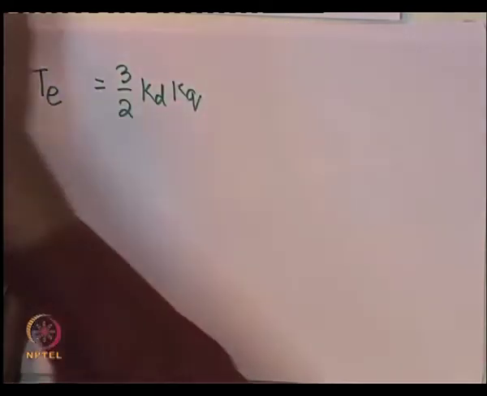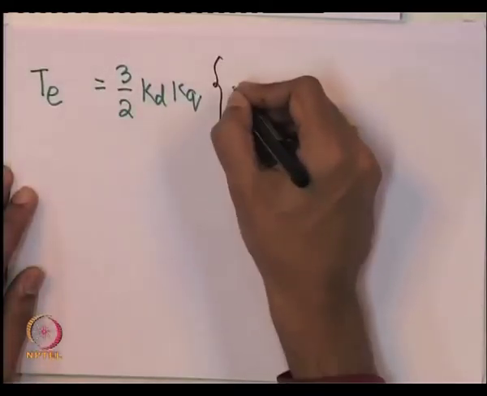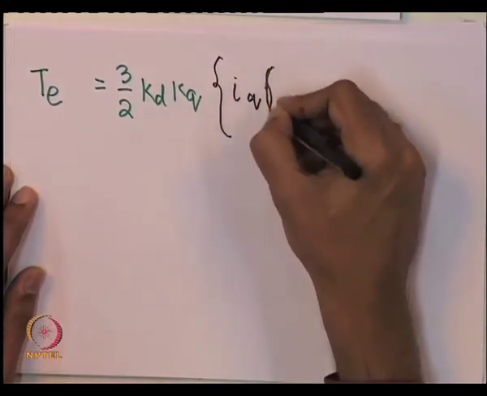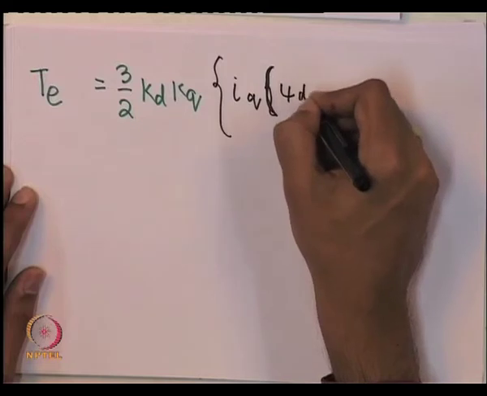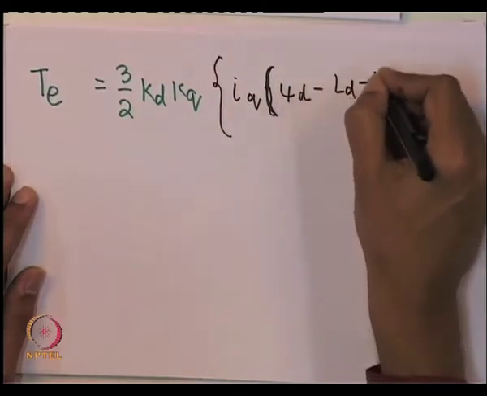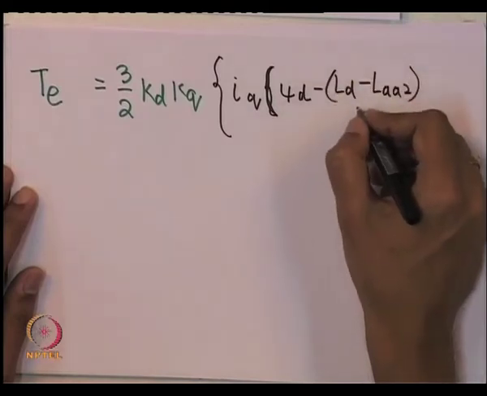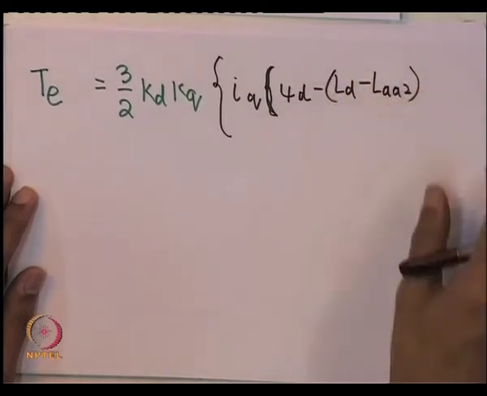Again, we will put a curly bracket here, IQ into psi D minus LD minus LA2. We will rewrite this again.